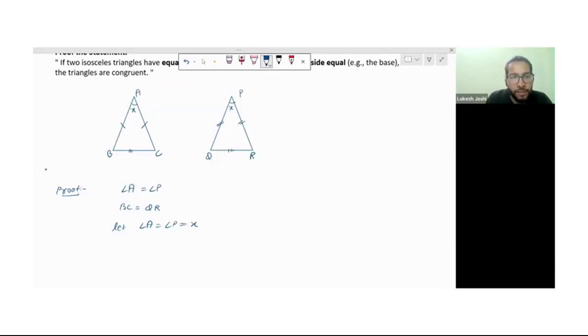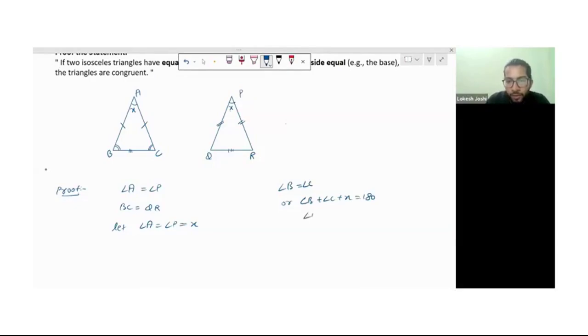Now for an isosceles triangle, we have the property that angles opposite to equal sides are also equal. So using this property, we can say angle B is equal to angle C, and the interior angles of a triangle sum to 180. So angle B plus angle C plus angle A is equal to 180.